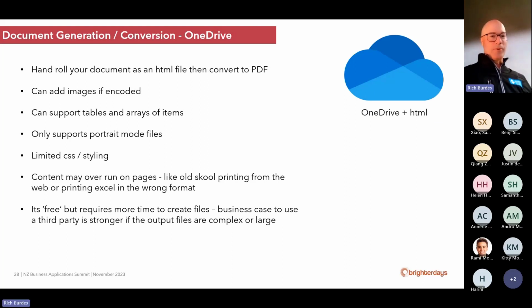The other parts to talk about with document conversion using OneDrive: you're going to hand roll it, encode the images, and it can support tables, but nothing rich text. If you've got a rich text control coming with bullet points from a Power App, from an HTML rich text input, it's not going to come through. And if you want to lay stuff out, you've got to figure out how to make your document look reasonably pretty in Word.